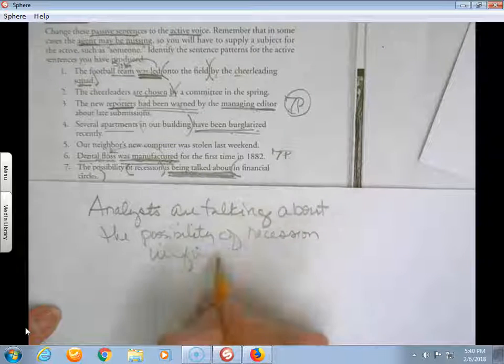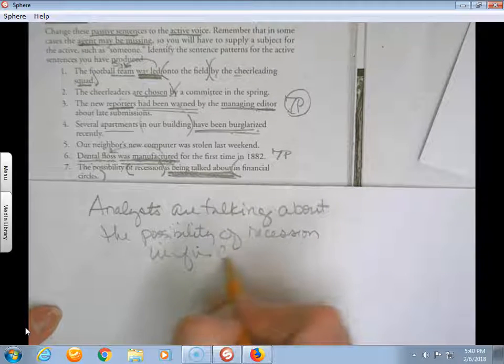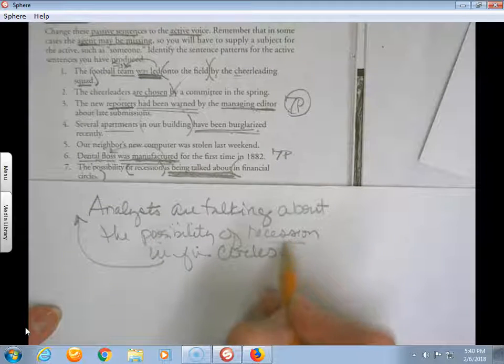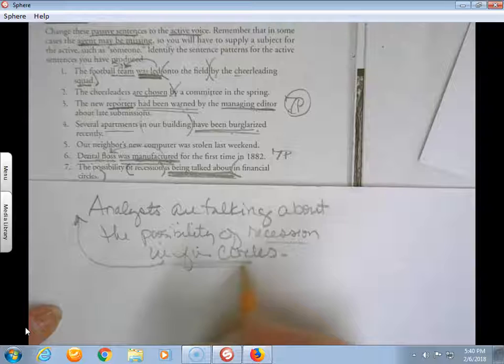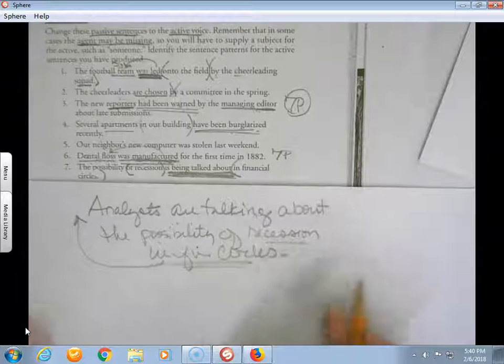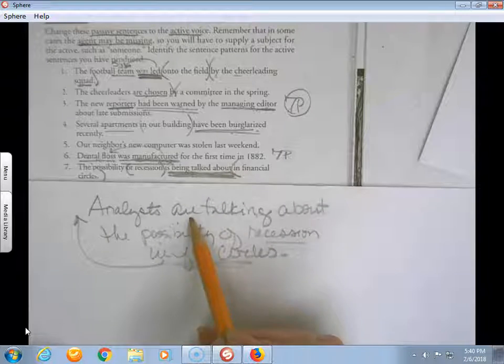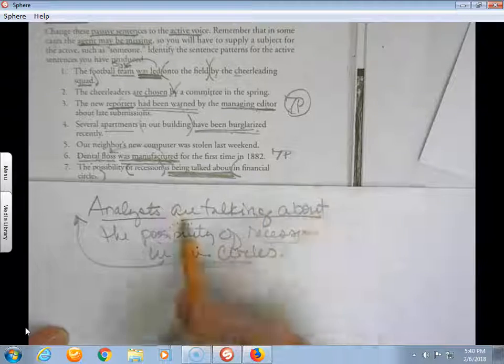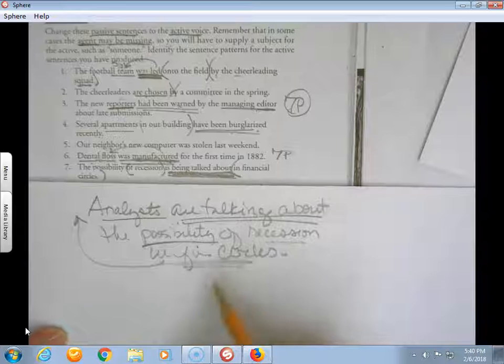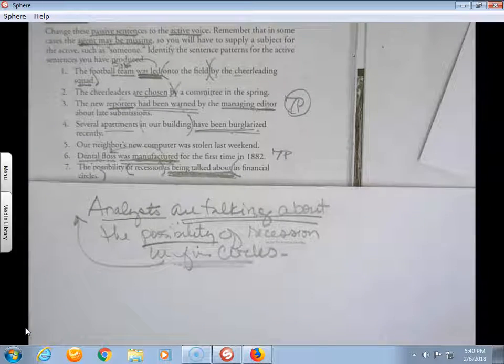Actually, I'd probably put in financial circles at the beginning of the sentence, because it's not that the recession is going to happen in financial circles, it's the discussion that is happening in financial circles. But that's how you would make this passive sentence active. Analysts are talking about possibility. That's your active voice sentence.